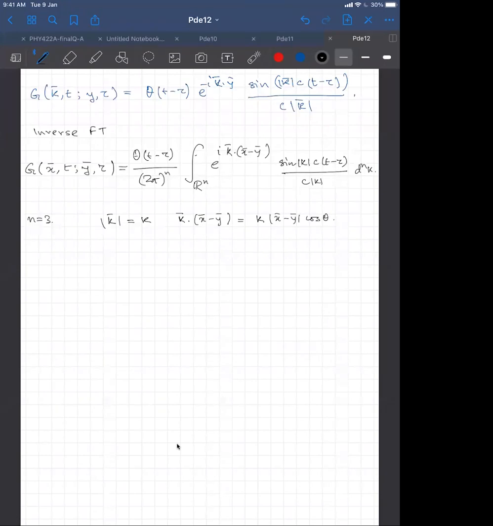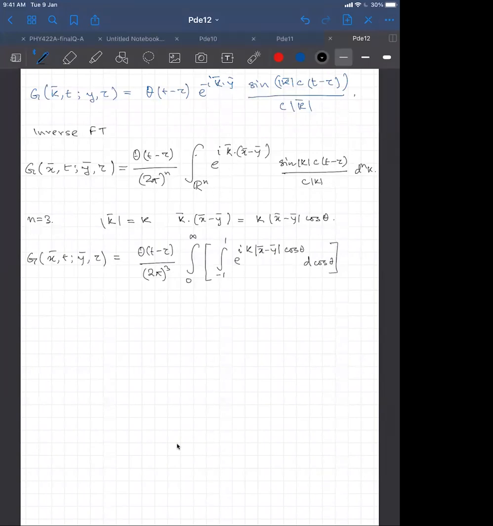Once you do that, then g of x, t, y, tau is equal to theta of (t minus tau), 1 over (2 pi) cubed, integral from 0 to infinity, integral from minus 1 to 1, e to the i k mod (x minus y) cos theta d cos theta.